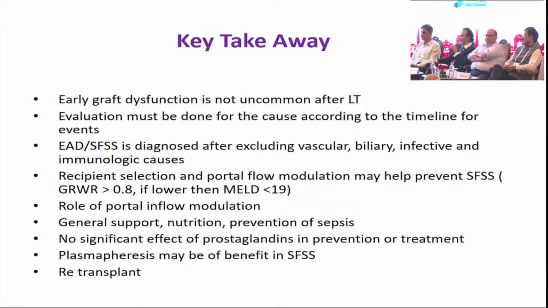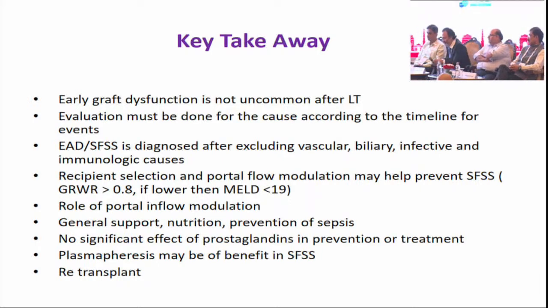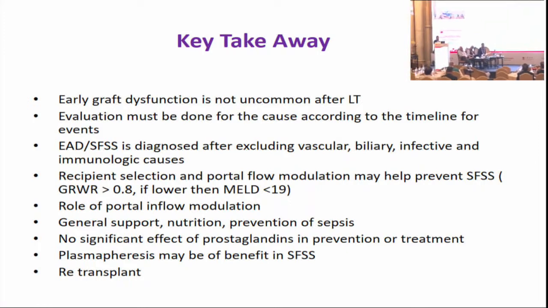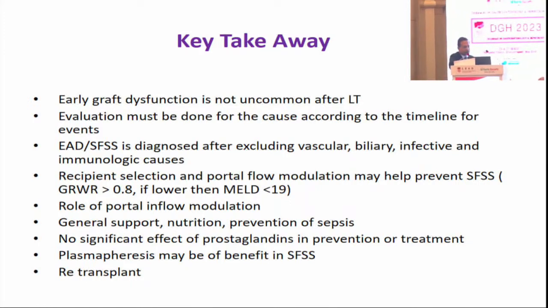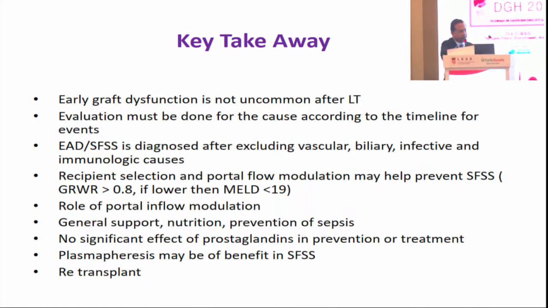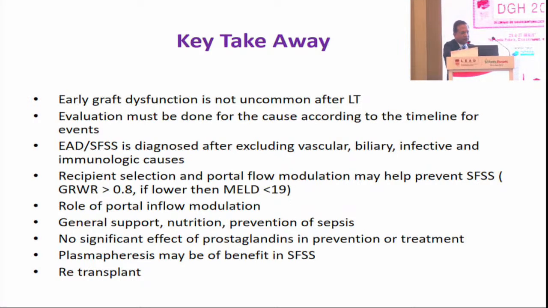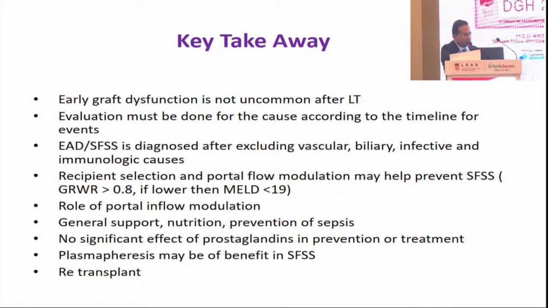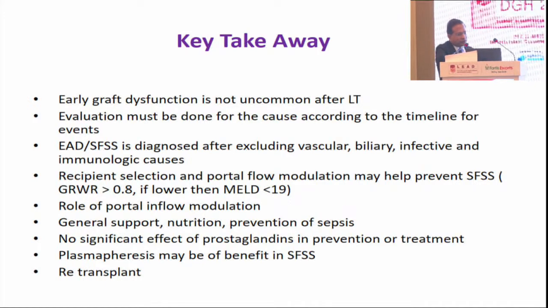Right. Okay, so just my last slide, the key takeaway messages from this case. Early graft dysfunction is not uncommon after liver transplant. Evaluation must be done for the cause according to the timeline of events on when the graft dysfunction is happening. Small for size graft or syndrome is diagnosed after excluding vascular, biliary, infective, and immunological causes.